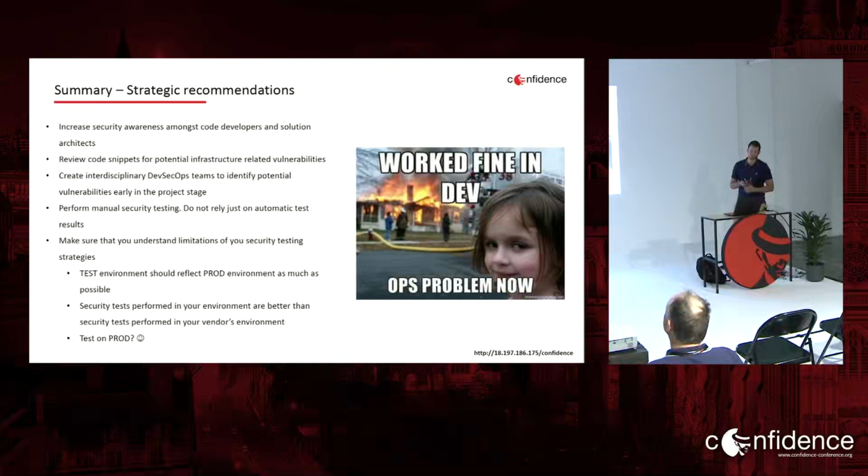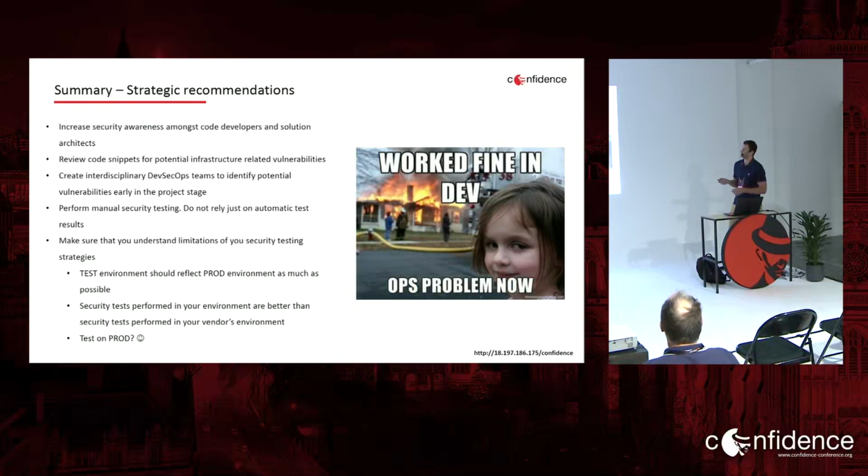If you have a code repository in your company, it would be good to review it for potential infrastructure-related vulnerabilities. And if you find one, it would be good to add some comments to this code in the repository, for example, that this code works only if you have a web proxy, a proxy server between you and the client.